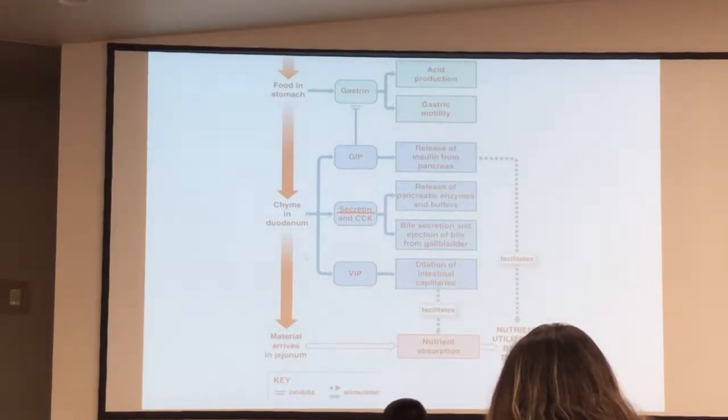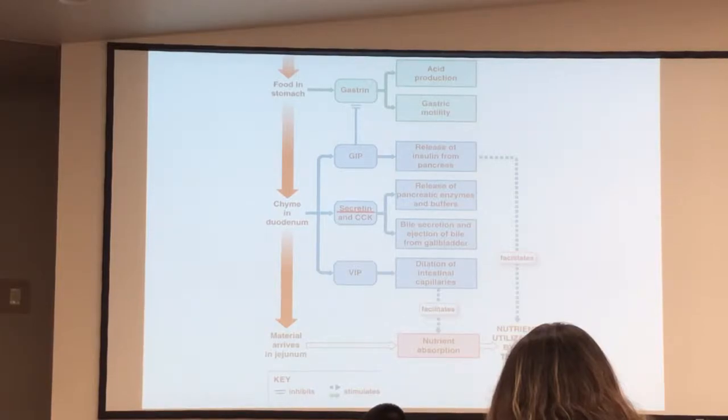Okay, food in the stomach. The major hormone in the stomach is gastrin. It will activate acid production and muscle contraction. And when the food reaches the duodenum, GIP will inhibit the stomach. They all inhibit, but GIP also has insulin release.